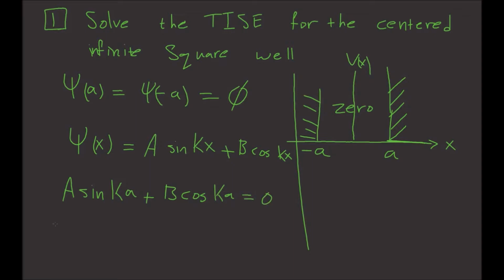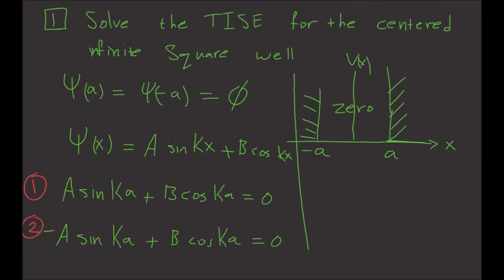Also we have minus a times sine of ka plus b cosine of ka equal to 0. Let's call this equation number 1, and this equation number 2.